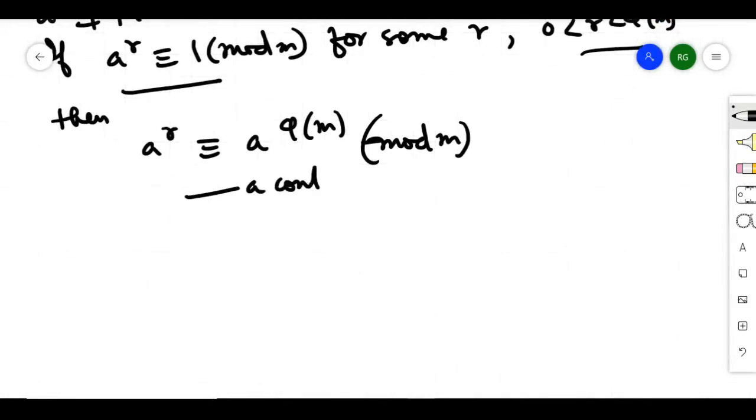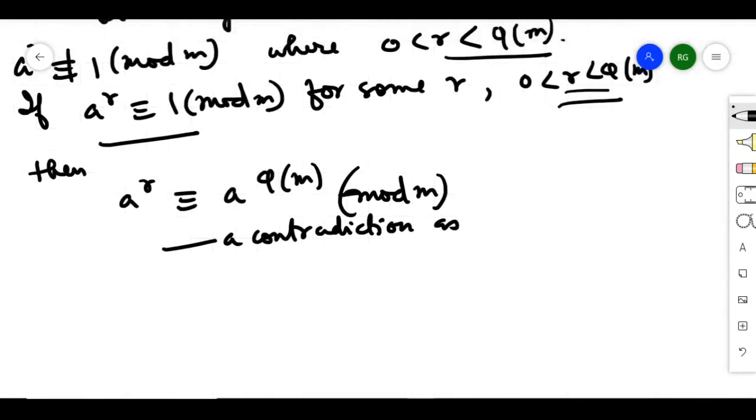Because r is less than phi m but positive, so a to the power r is a member of the set which is a reduced residue system. a to the power phi m is definitely a member of the reduced residue system, and a to the power r is different from a to the power phi m, because r is strictly less than phi m.